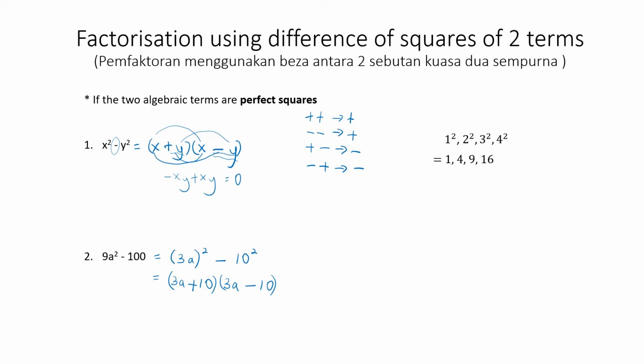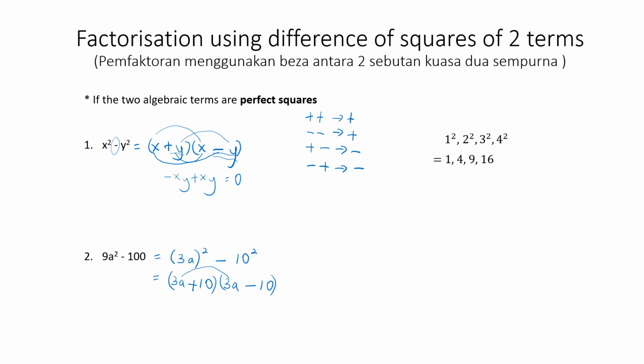So you must have one negative, one positive. So this is 3a plus 10 multiplies with 3a minus 10, and you can check whether your answer is correct or not by doing expansion.